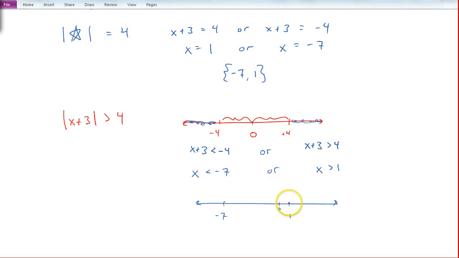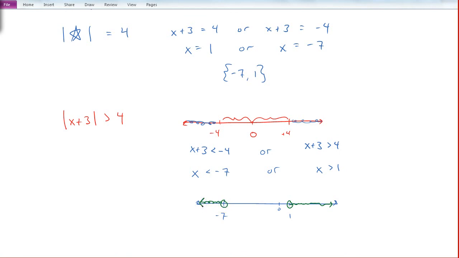And there's an open circle there. Maybe I should use a different color. The solution's in green here. Greater than 1 or less than negative 7.